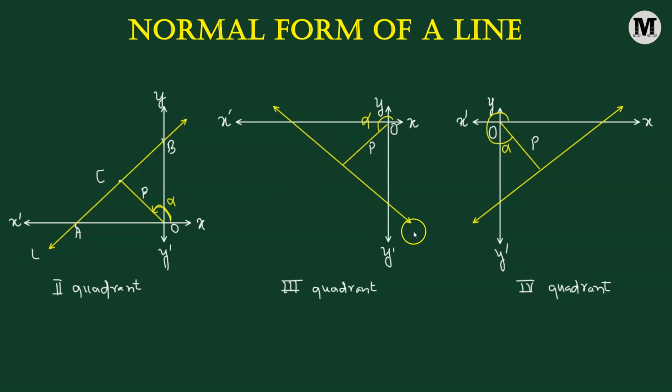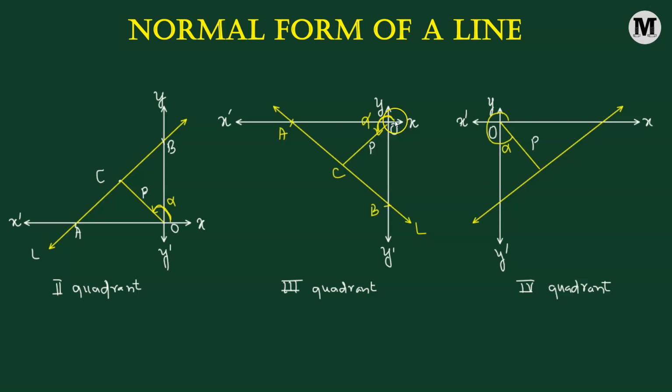Next we have the straight line L, which is going to cut the x-axis in the negative direction at A and the y-axis in the negative direction at B. So we have OC, which is the normal of length P. OC is the perpendicular distance of the line L from the origin, and here also we see that it's making an angle alpha with the positive direction of the x-axis.